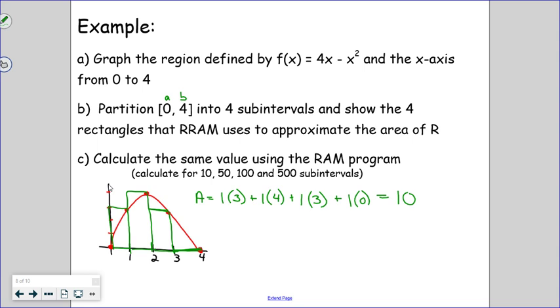And I want you to notice, do the numbers get closer together or farther apart? What's changing as we add more rectangles into there?